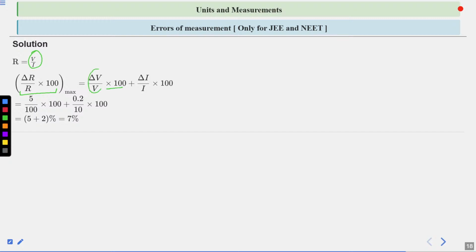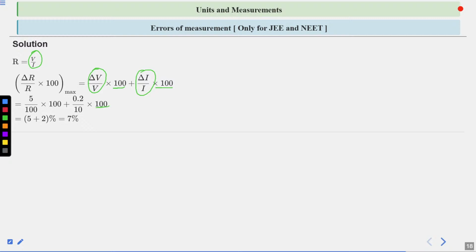This is only the relative error; after multiplication with 100 it becomes a percentage. Similarly for I, delta I divided by I into 100. So the error is delta V is 5 divided by V is 100 into 100, plus delta I is 0.2 and I is 10 into 100.